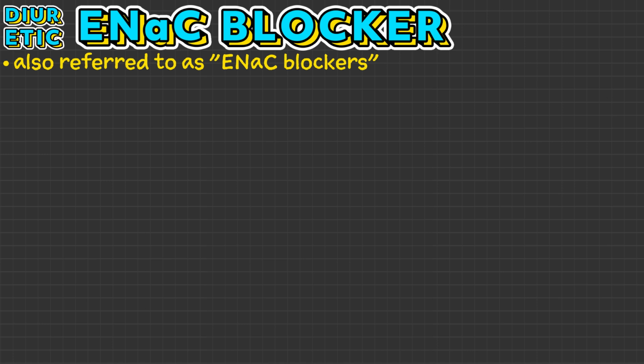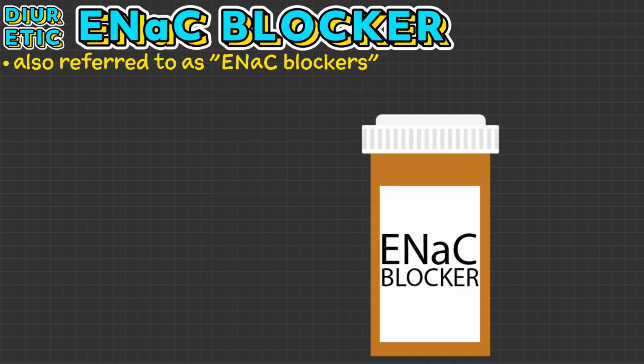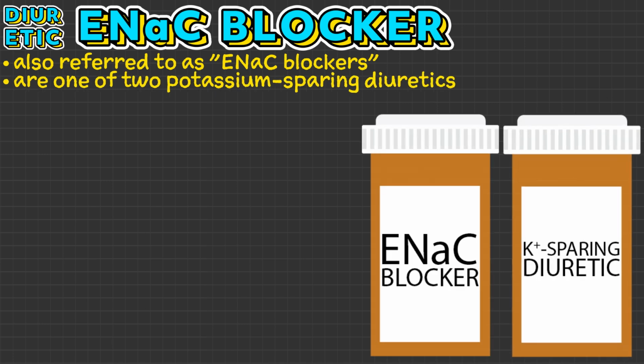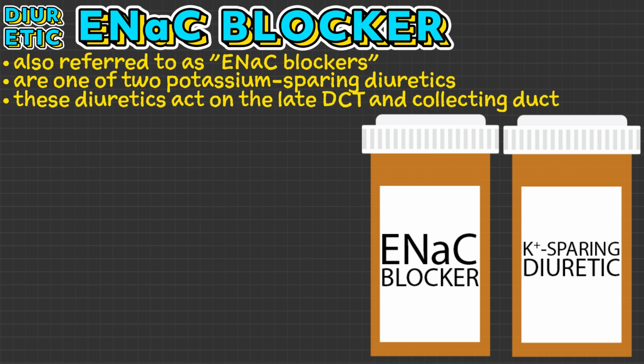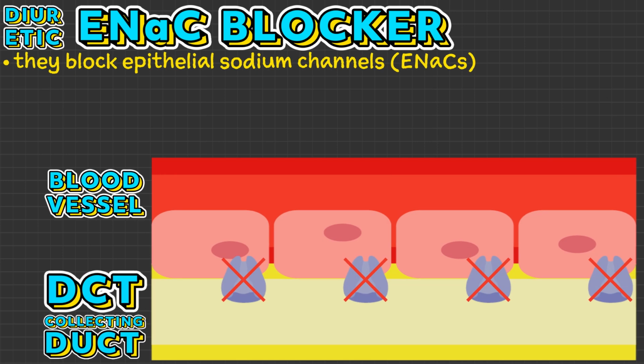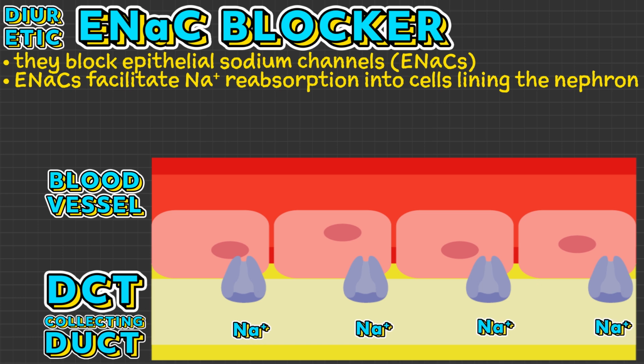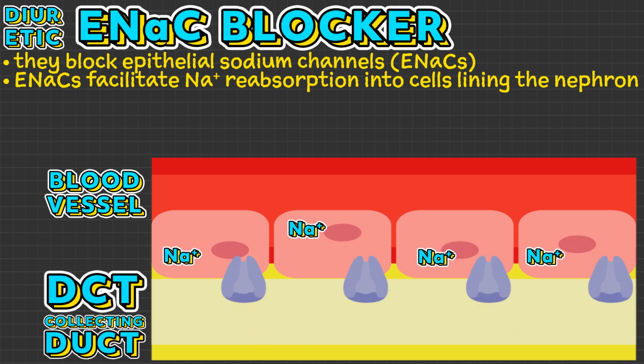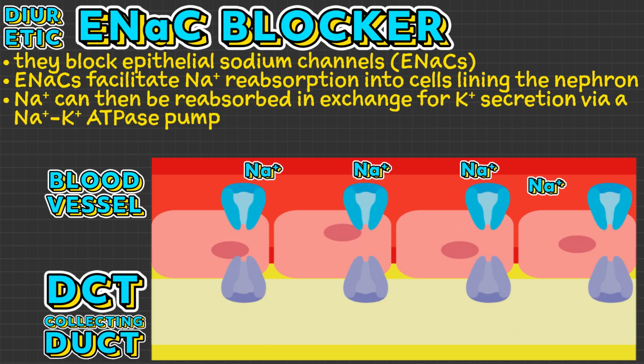Epithelial sodium channel blockers, also referred to as ENaC blockers, are one of two potassium-sparing diuretics. These diuretics act on the late DCT and collecting duct. They block epithelial sodium channels, or ENaCs, which normally facilitate sodium reabsorption into the cells lining the nephron. Sodium can then be reabsorbed in exchange for potassium secretion via sodium-potassium ATPase pump.